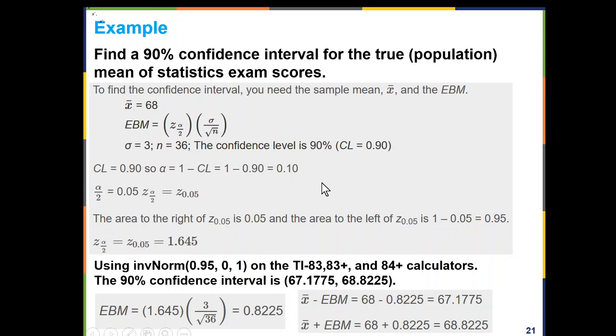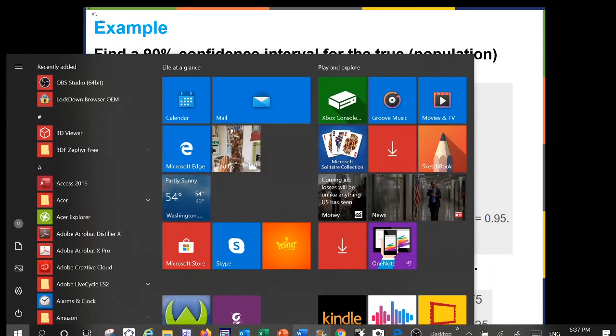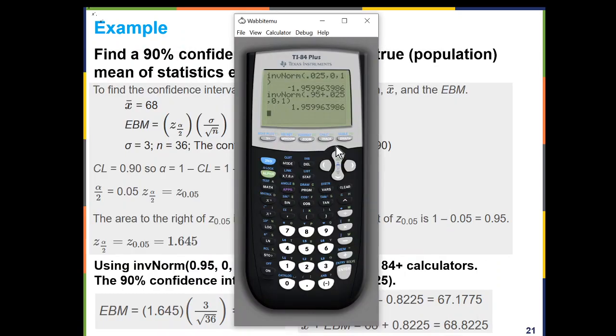Now we can easily do this with a calculator. So how do we use a calculator with this? Well, we are going to go to stat and go to tests, and then we are going to go to the one that says z interval.